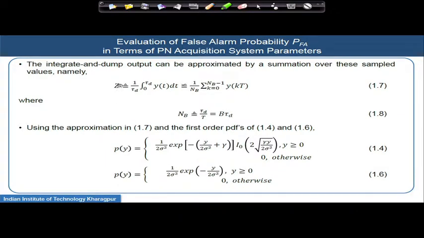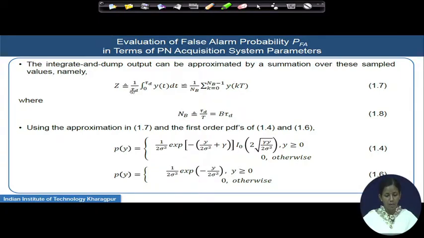So, how are you getting the value of this z? So, z is approximately given by 1 by T_D, where T_D is the dwell time over which you have done the integration, and then you are taking the samples. So, approximately in the sample domain, this expression can equivalently be written as y of kT, where k varies from 0 to N_b minus 1.